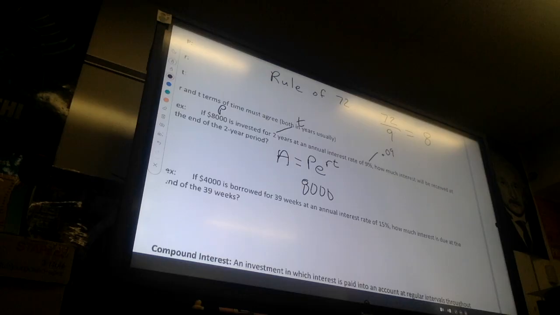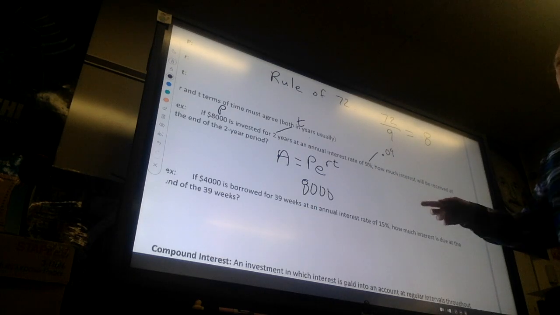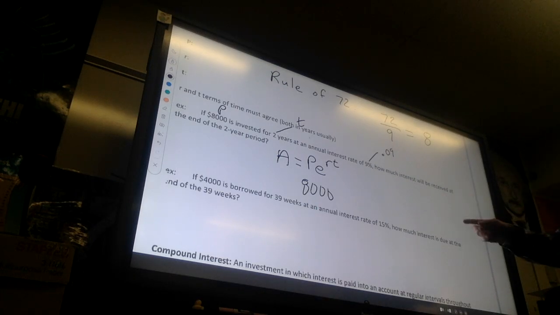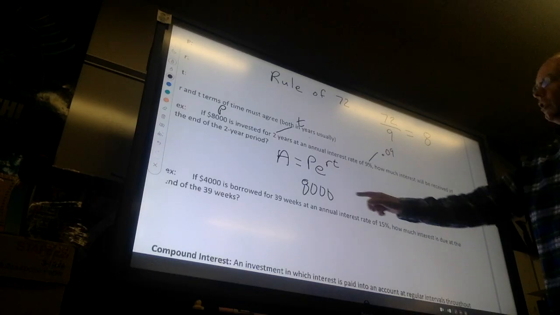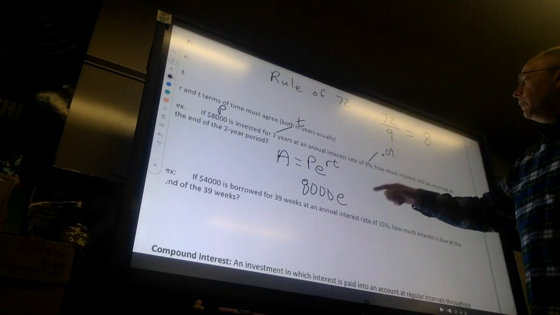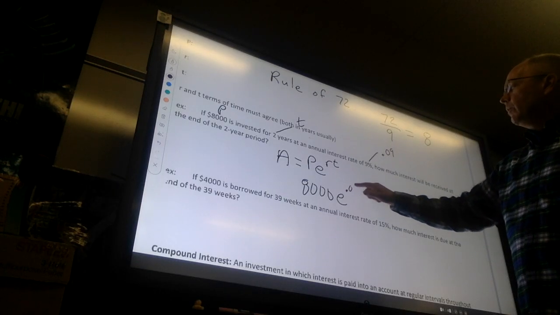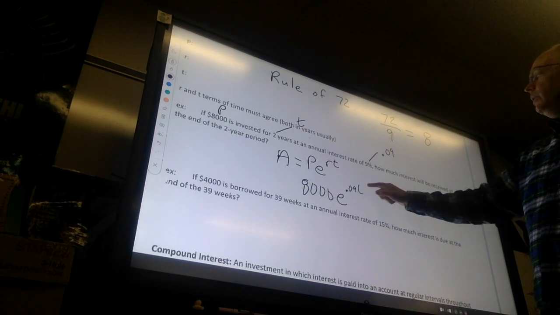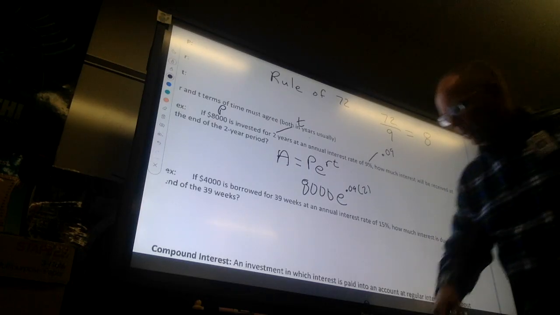And then they want to know what the interest is at the end. So what we will have to do at the end is subtract this. So I have E raised to the R. R we said was 0.09. And T we said was 2 years.